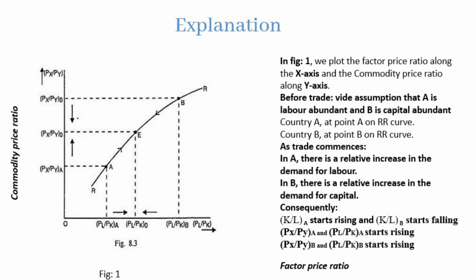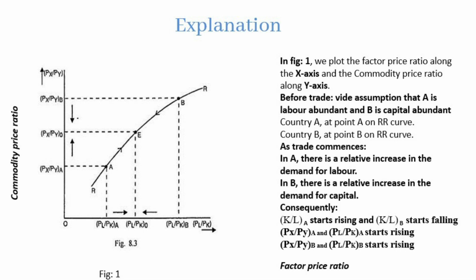Both were low because country A was a labor abundant country, and following that the factor price ratio and the commodity price ratio were low initially prior to trade. Now as trade commences, because of the demand pressure on labor, both these ratios start increasing and they will increase towards E.